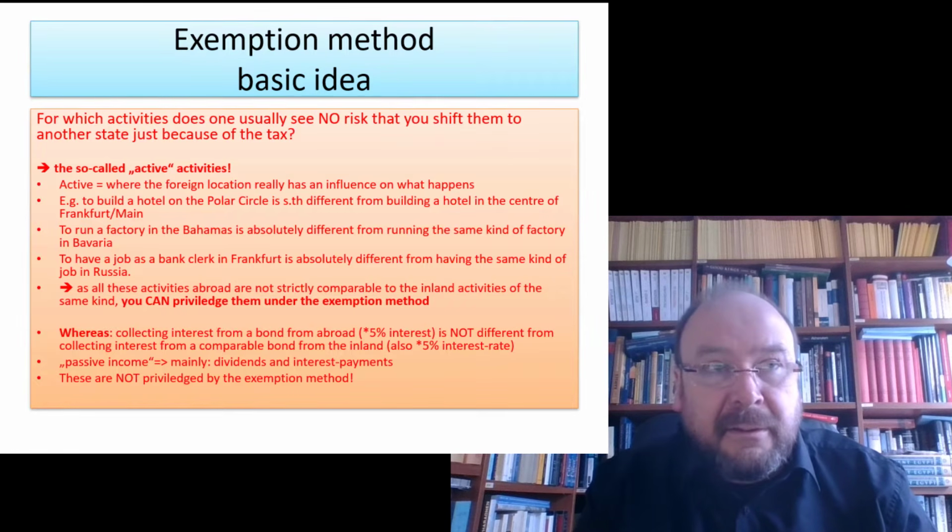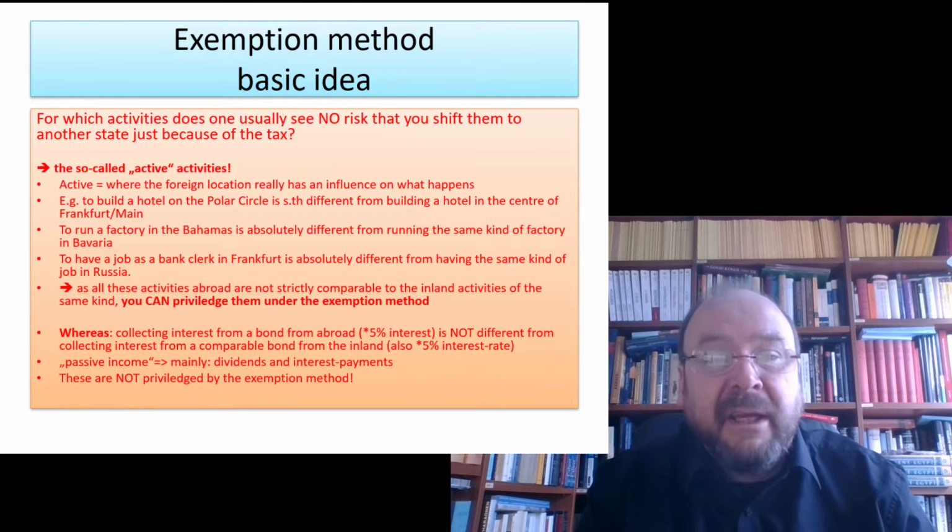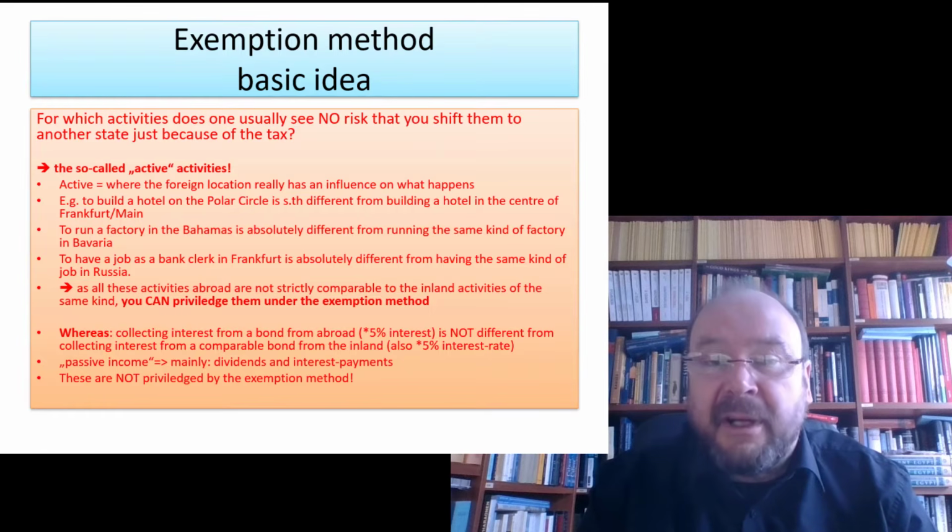Then of the 4%, 3.2% net would remain, and it would be clear that immediately afterwards billions and trillions would be shifted to that location, because there the investors would have a higher net profit. So that is what no state will ever risk, to grant the exemption method for interest income.